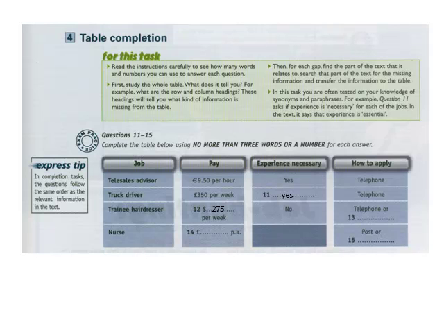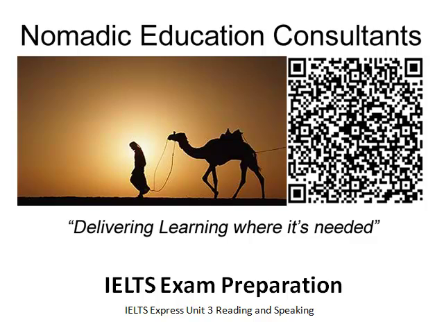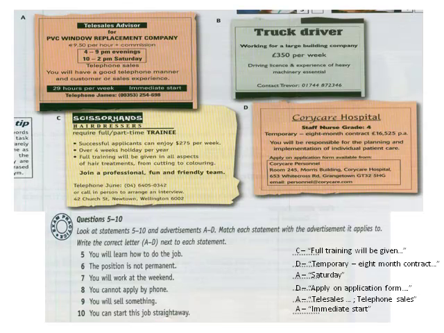Now if we go back and look at the hairdresser again, but this time we're looking for how to apply. Now let's see. What does it say? Usually at the bottom. Okay, so we can telephone June. It's the name of a person. At this phone number, 0464050342, or we can call in person to arrange an interview.